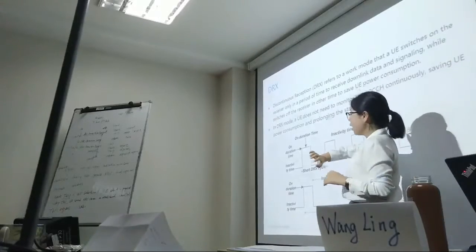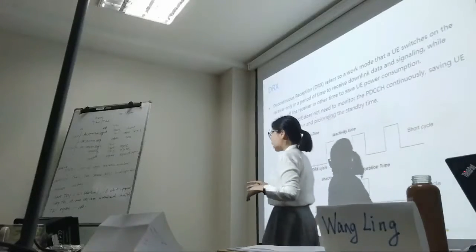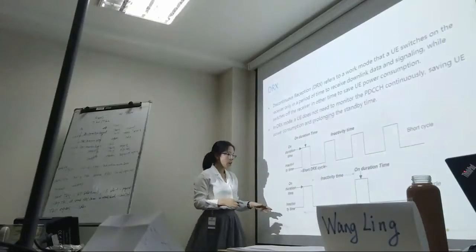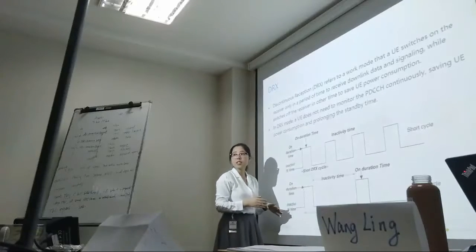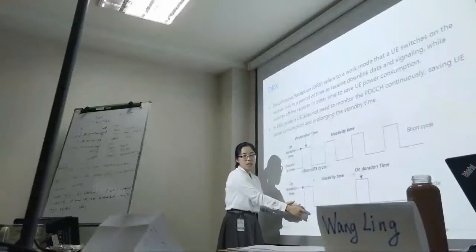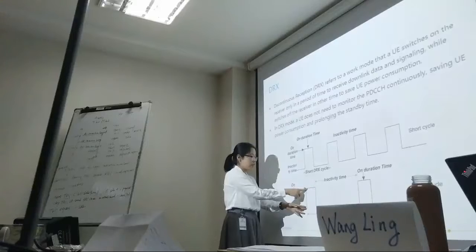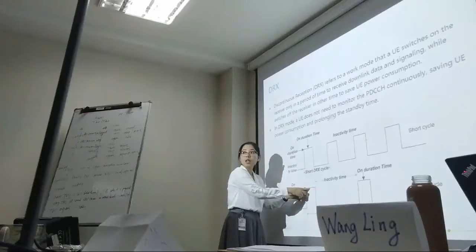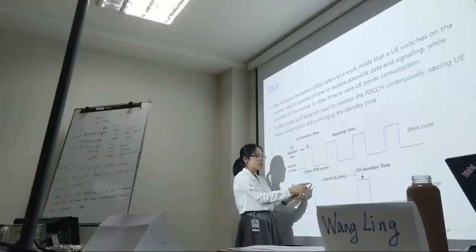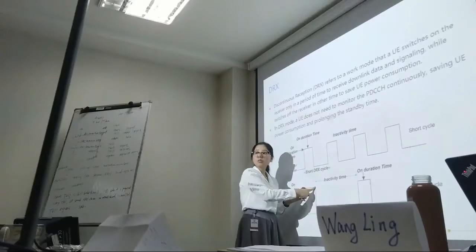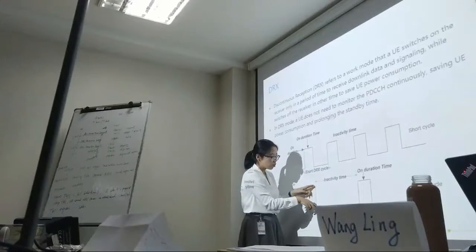If we only configure long, one cycle contains two parts, the on duration time and the sleeping time. So at connected state, I will monitor the PDCCH during the on duration time once the DRX starts. If during the duration time I don't receive any data, I will go to sleep.